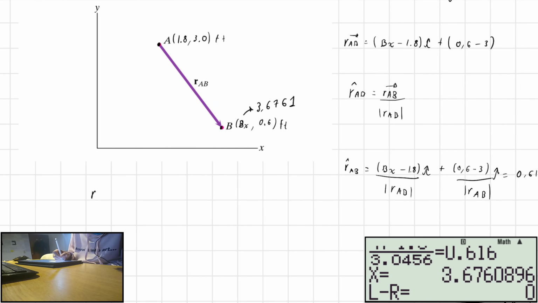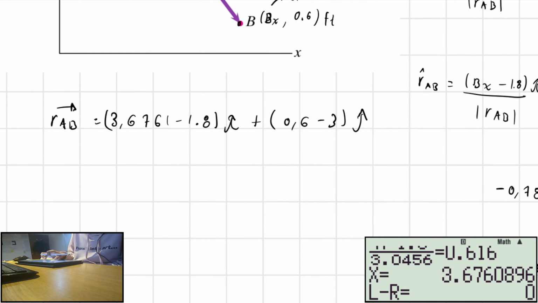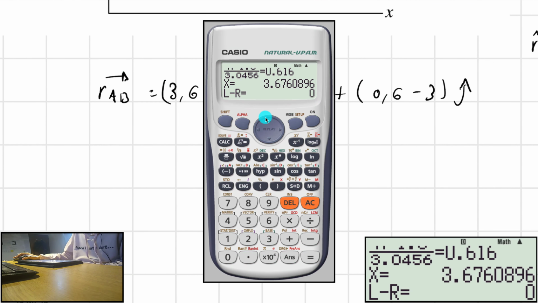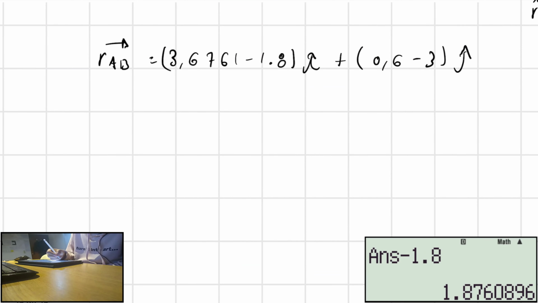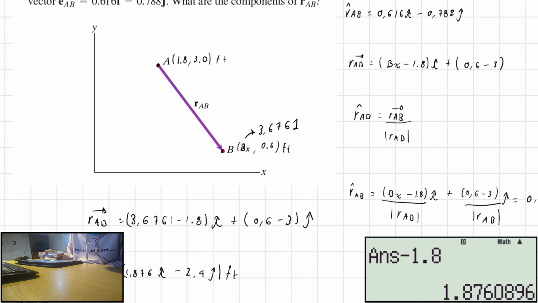So at the end, the vector RAB is going to be equal to 3.6761 minus 1.8 on the I direction plus 0.6 minus 3 along the J direction. 0.6 minus 3, we already did that, so I just have to subtract the answer minus 1.8, and finally the vector RAB is equal to 1.876 on the I direction minus 2.4 on the J direction. This is in feet.